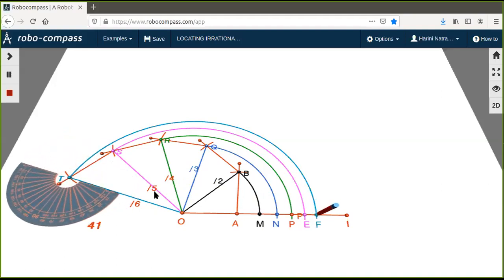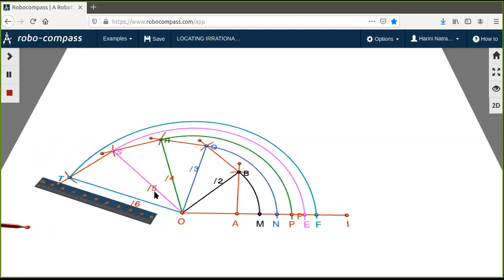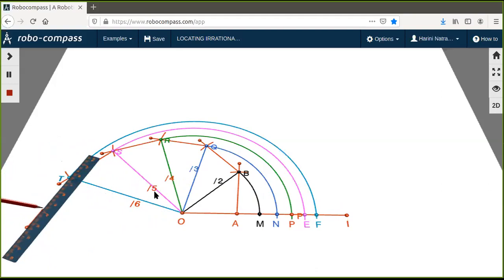And the next, when you want the root 7, again at T, you construct the 90 degrees. Take a unit length of OA in your compass. Keep it at T, cut an arc. The point of intersection between the arc and the 90 degrees is to be marked.